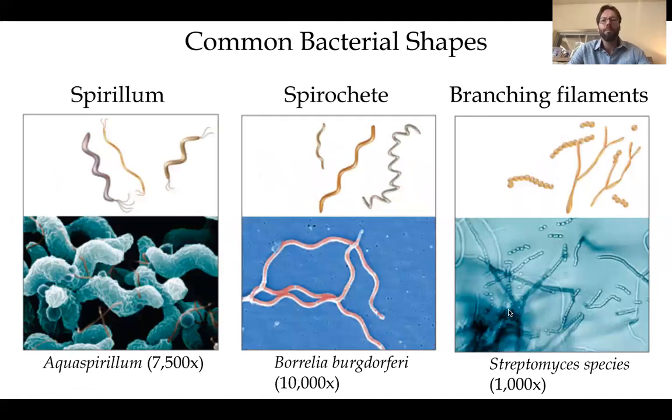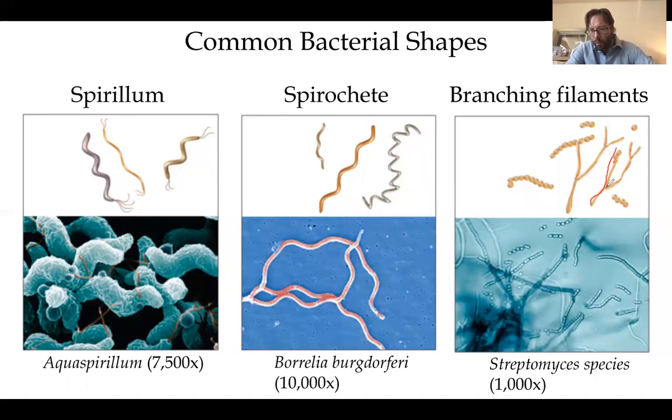Here's spirillum. As the name implies, they're a spiral-shaped helical twisting format. And then another branch of that would be the spirochete. And then they have some like streptomyces, strep meaning strip, that have a branching pattern here.